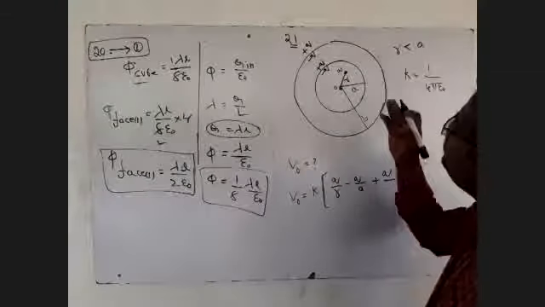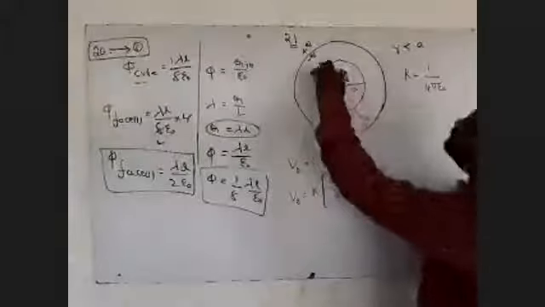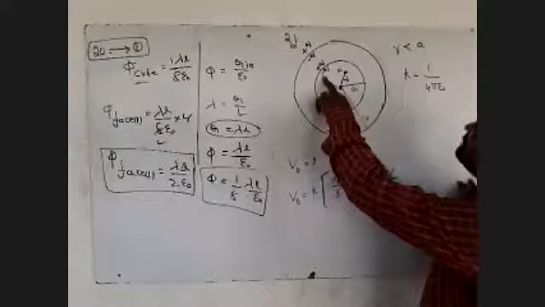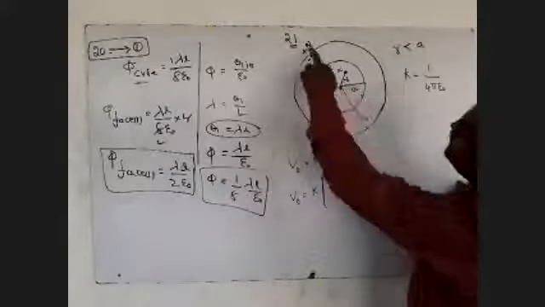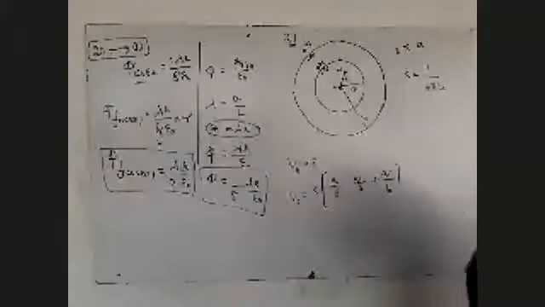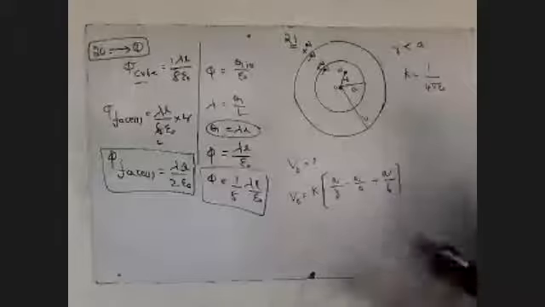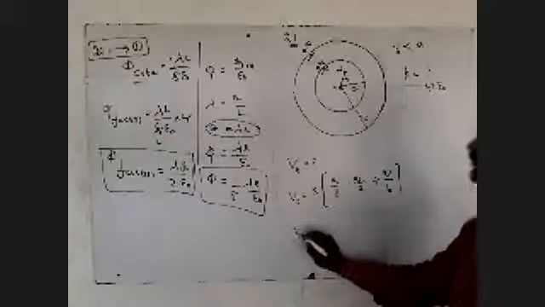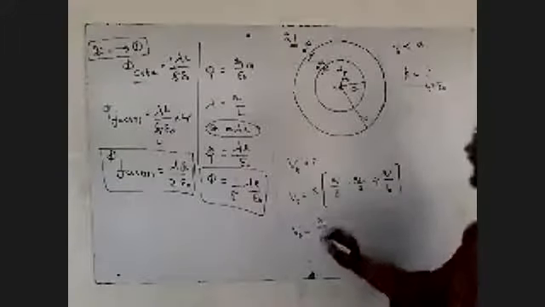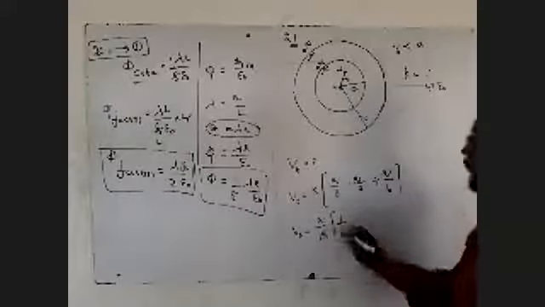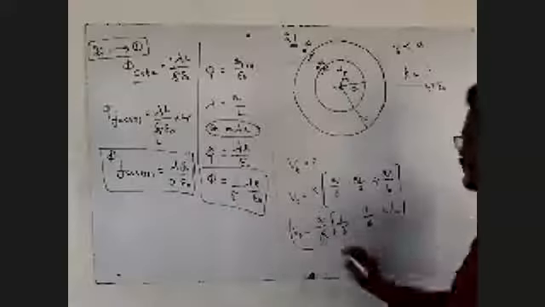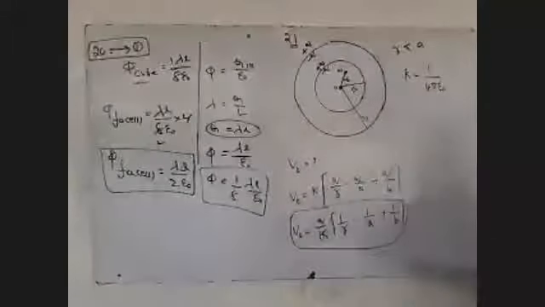So Q by R, minus Q by A, plus Q by B. In all terms Q is common, so take Q outside with K. So this is 1 by R minus 1 by A plus 1 by B. This is your electric potential at the center point.